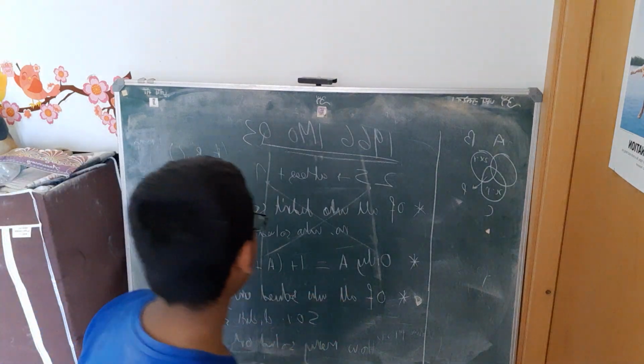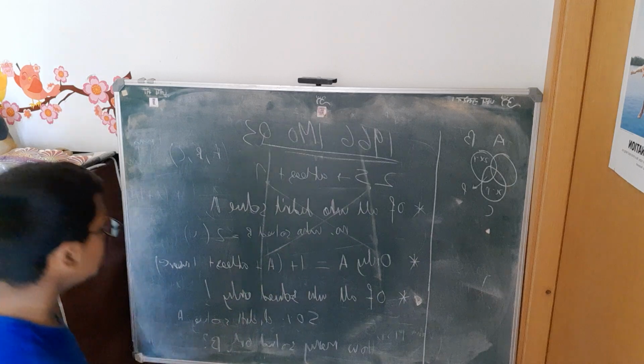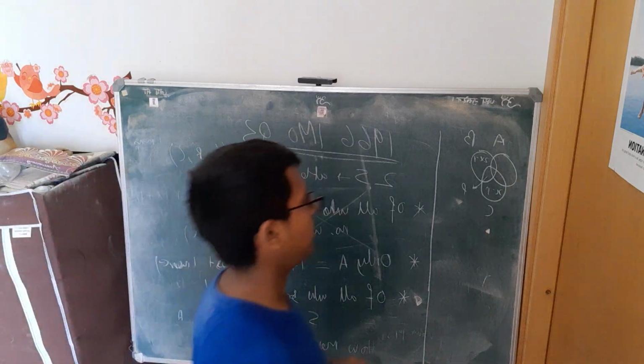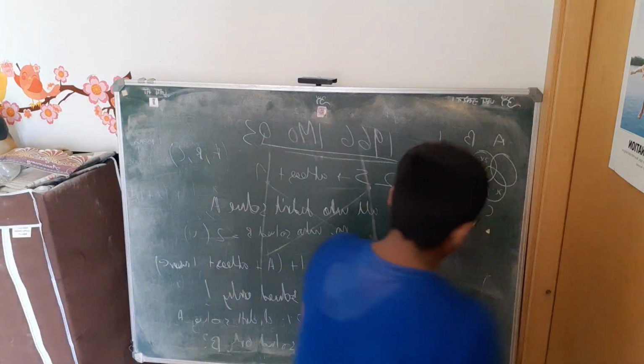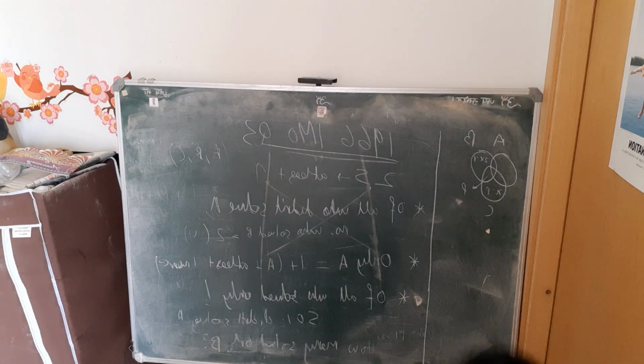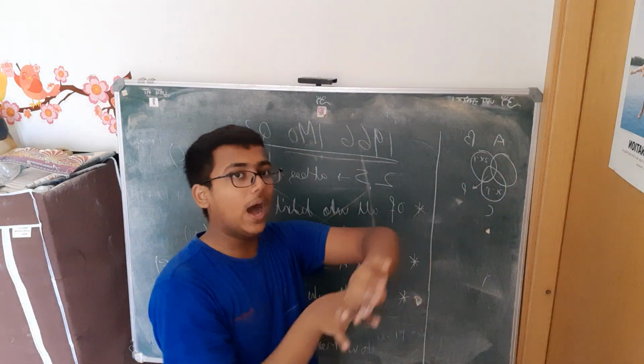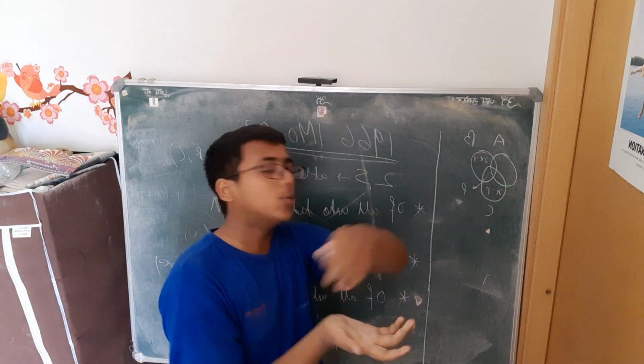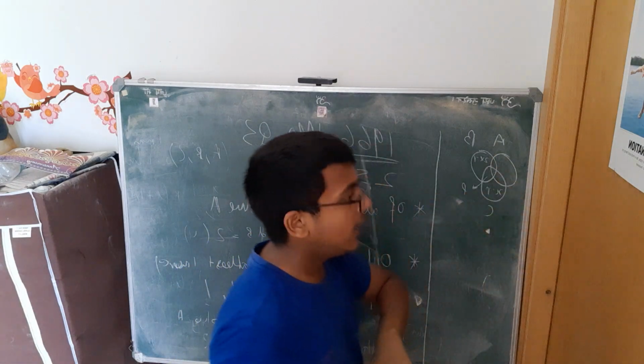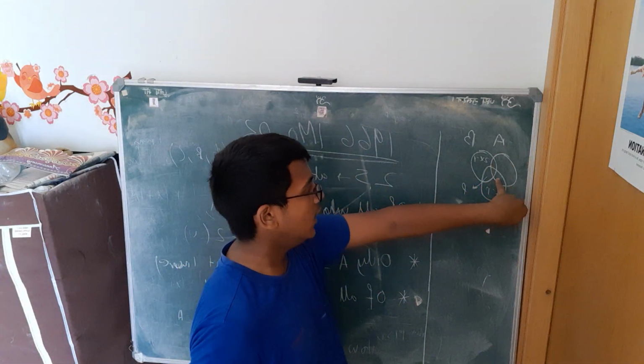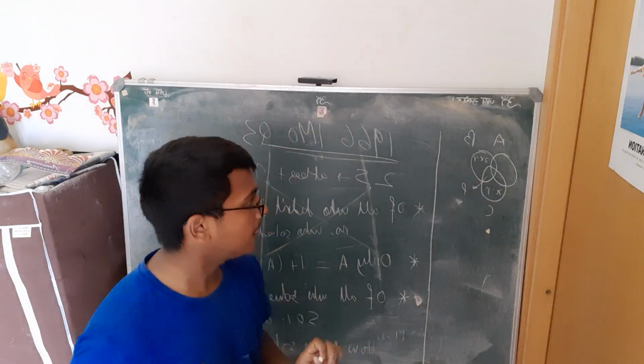Second piece, those who solved only A is 1 plus those who solved at least one more. Now, if you look at this question properly, the region with A plus one more, either he did A and B or A and C or A, B and C, all of them, right?